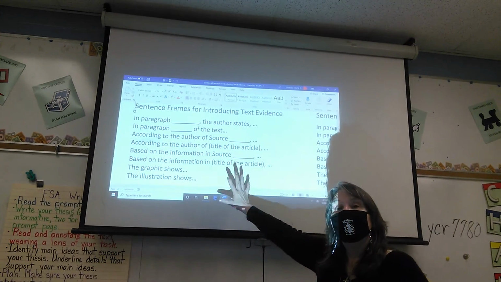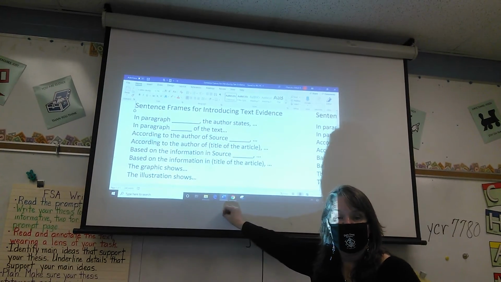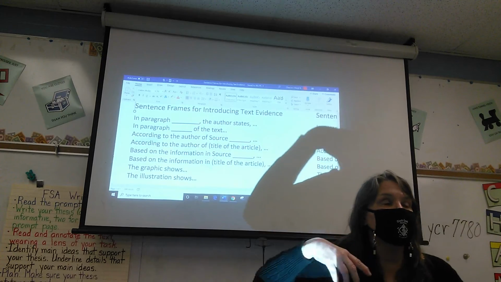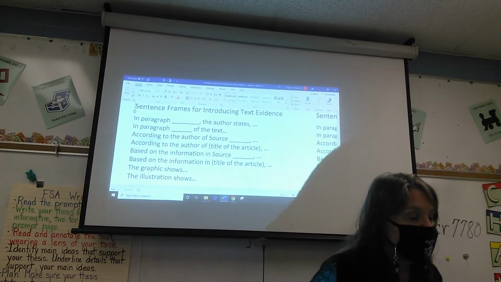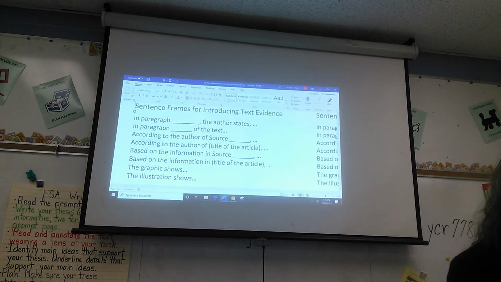Okay, so this we talked about back at the end of September. Now what I'd like you to do is to go ahead and turn in your green packet and look at the chart that we used in January.